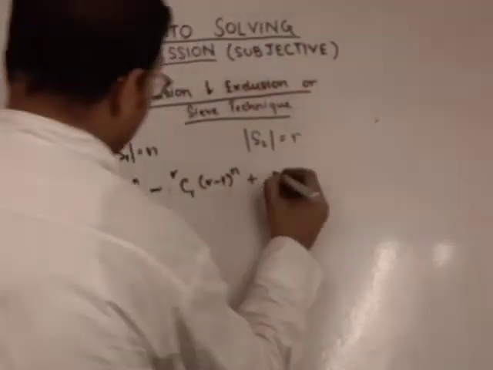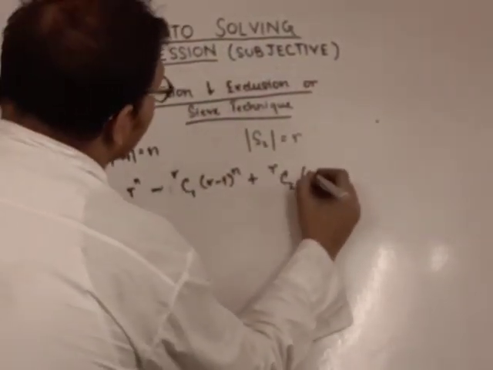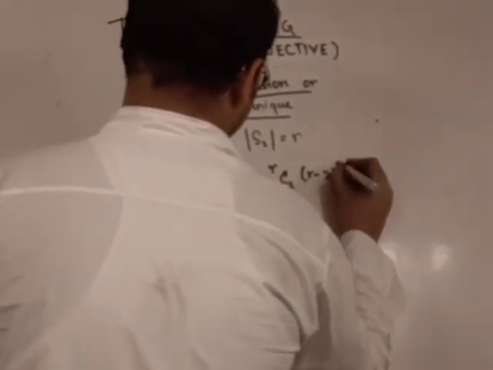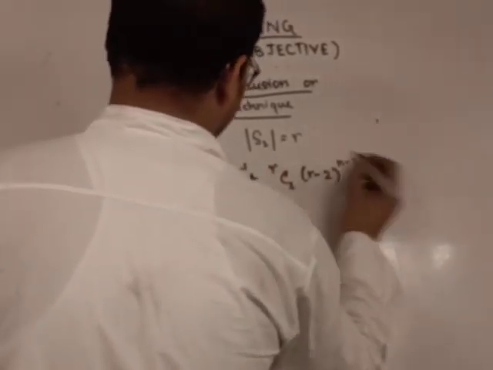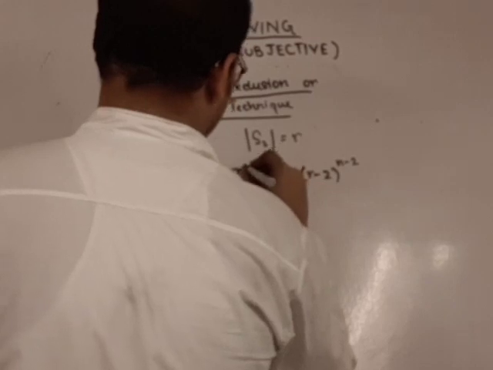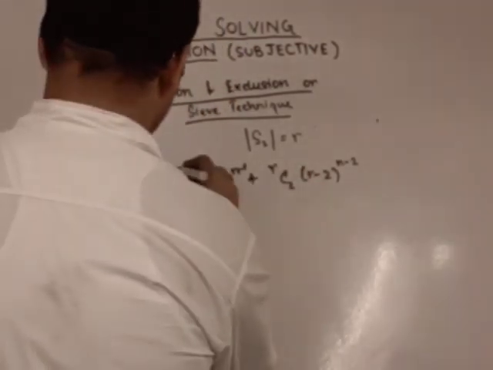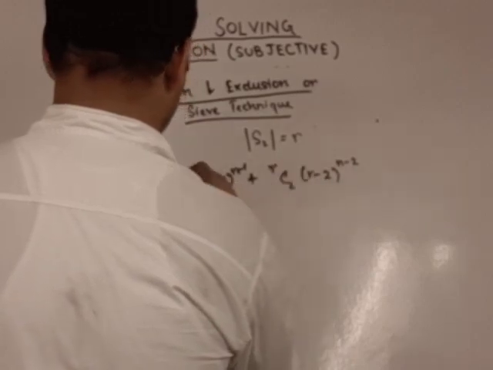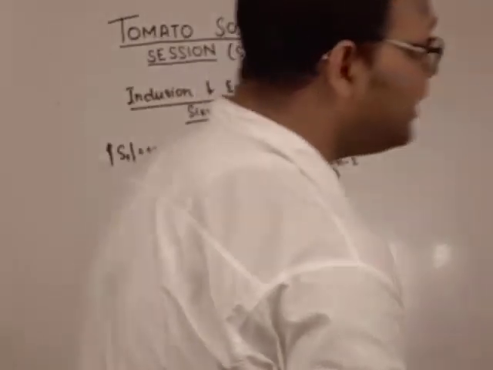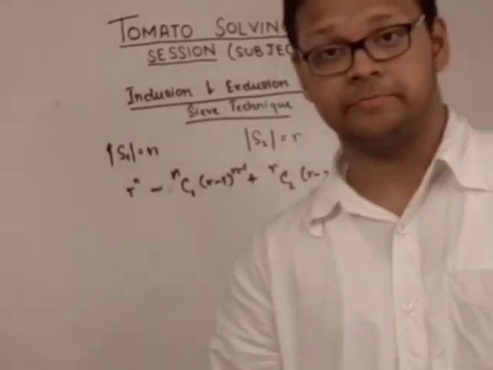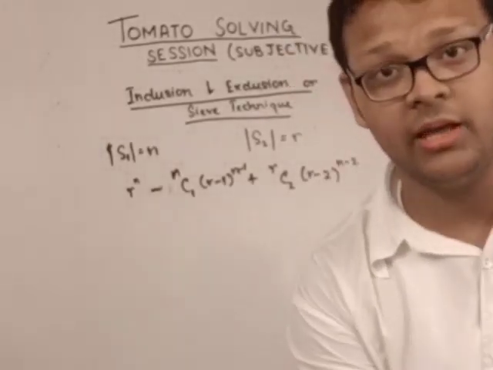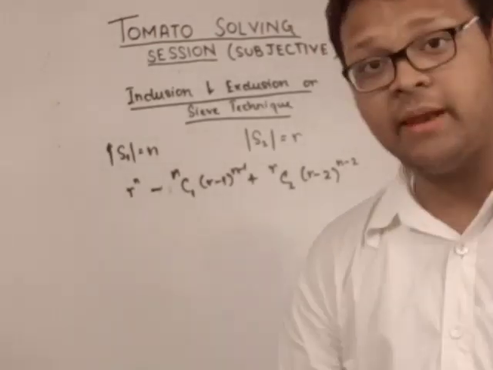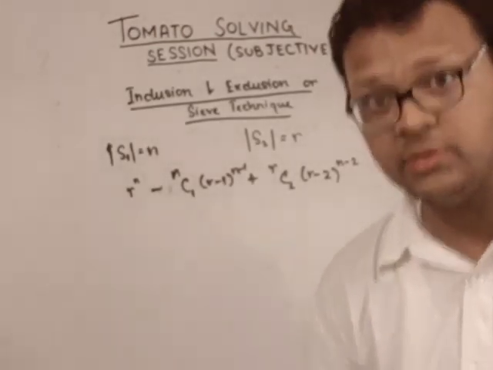Again, include. Again, include what's needed. So in rC1 ways we choose, and the number of functions is this, (r minus 1) to the power n.